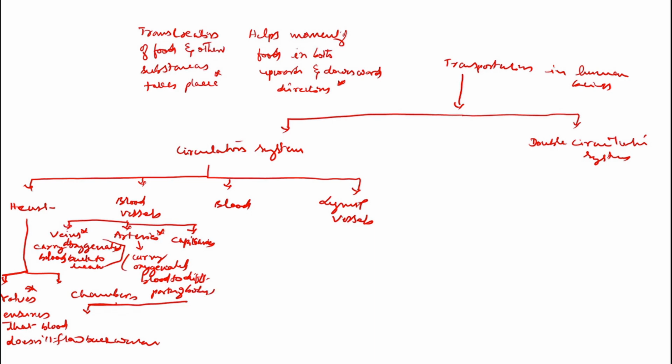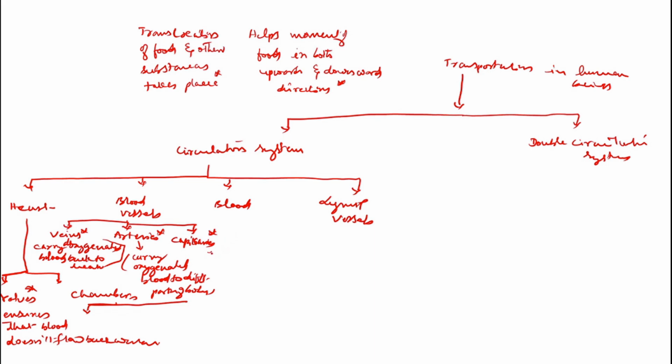This is important, they may ask in the examination. And capillaries, this is also important from the examination point of view. Capillaries are where exchange of carbon dioxide, oxygen and nutrients takes place.